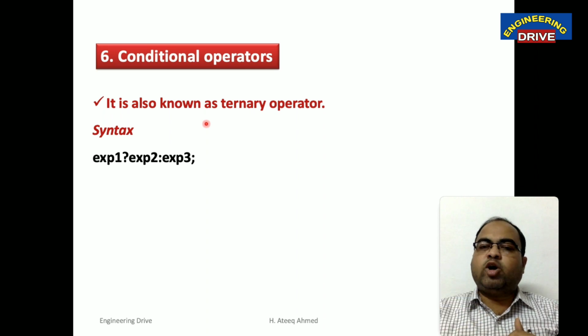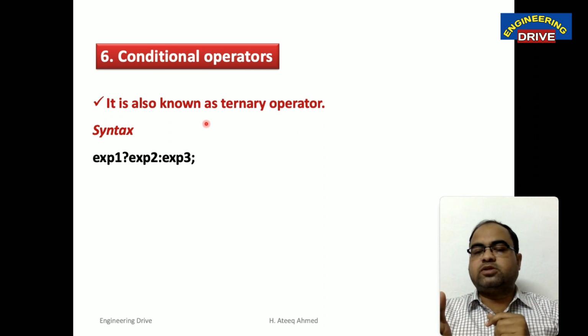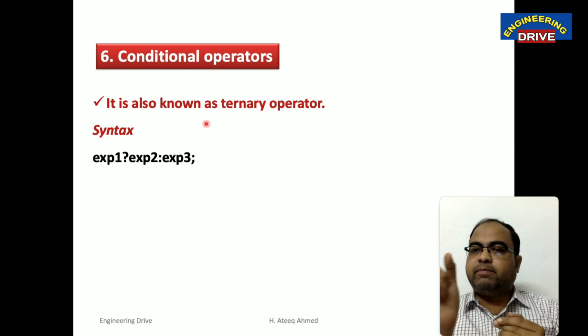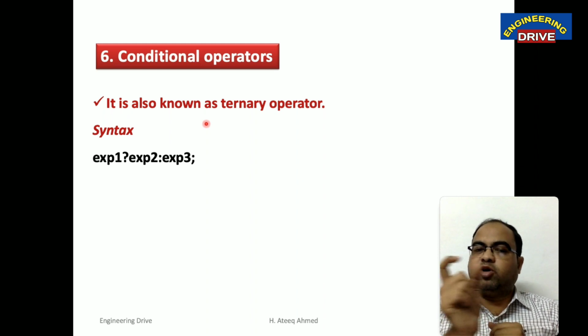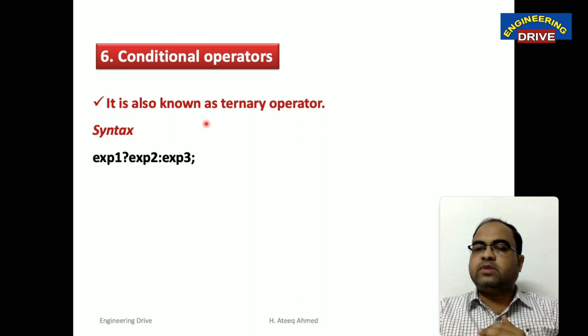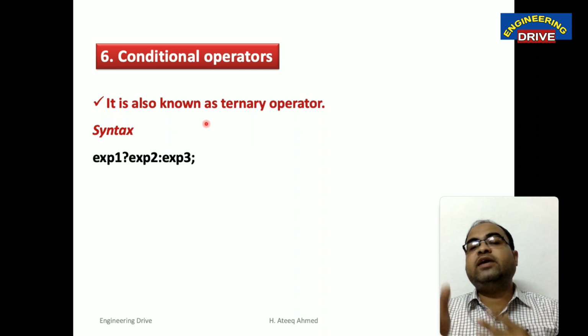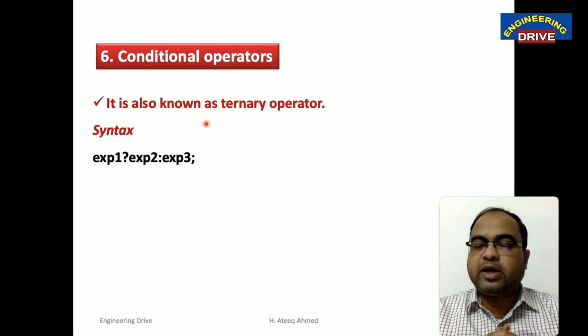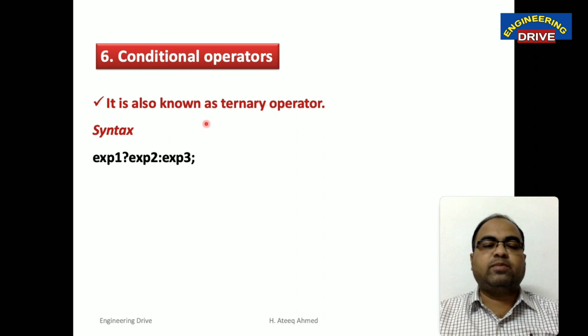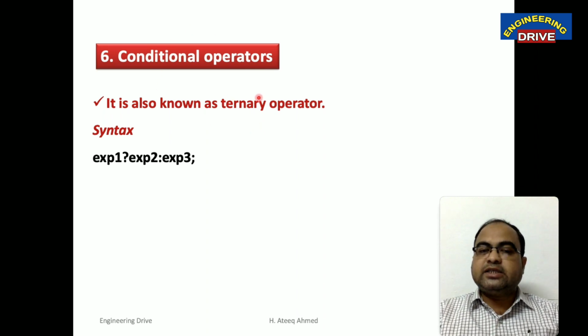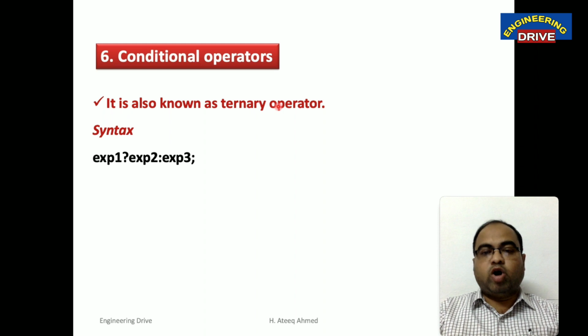A binary operator operates on 2 variables, like a plus b. Plus is a binary operator, operating on the 2 variables a and b. Similarly, a ternary operator operates on 3 variables. How it operates on 3 variables, I will show you with an example program. That's why we call the conditional operator the ternary operator also.